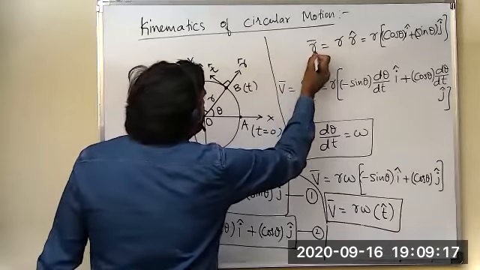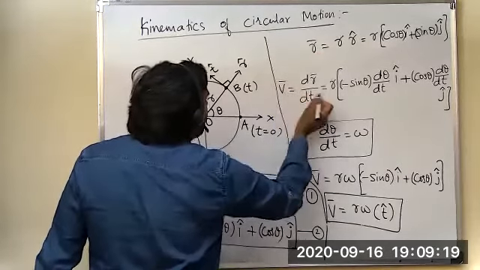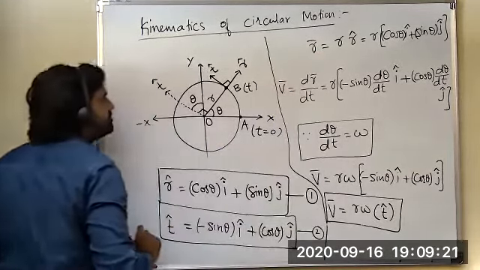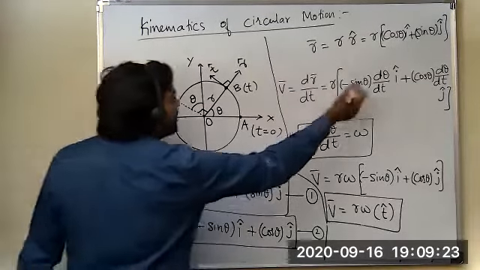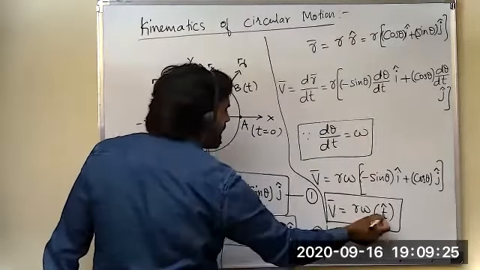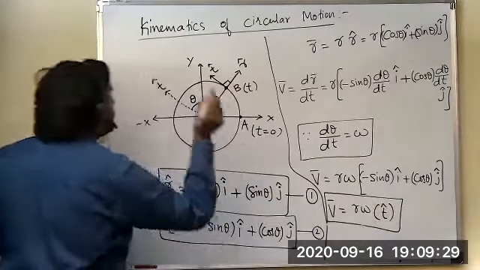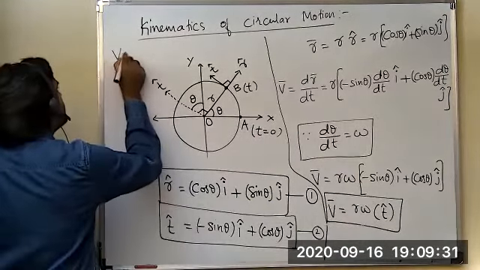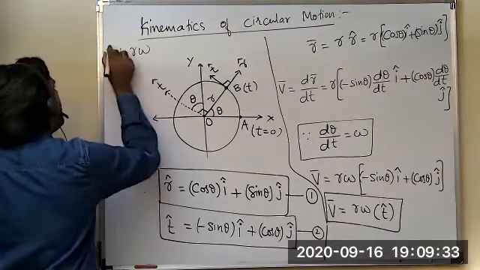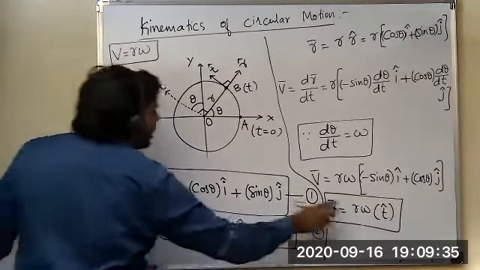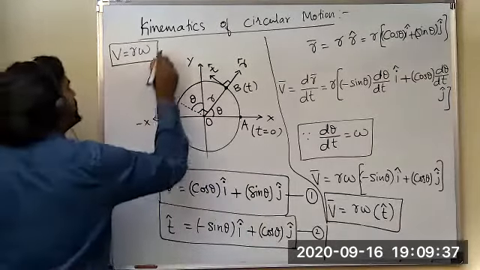Therefore, by differentiating this r vector, we get the velocity vector. After differentiation, we got r omega into t cap. This is a unit vector, so the magnitude of velocity is r omega and its direction is always along the tangent.